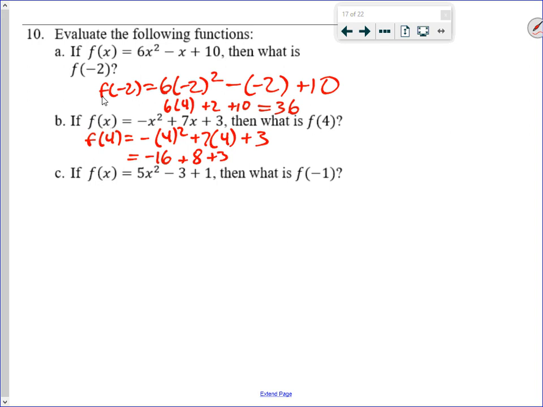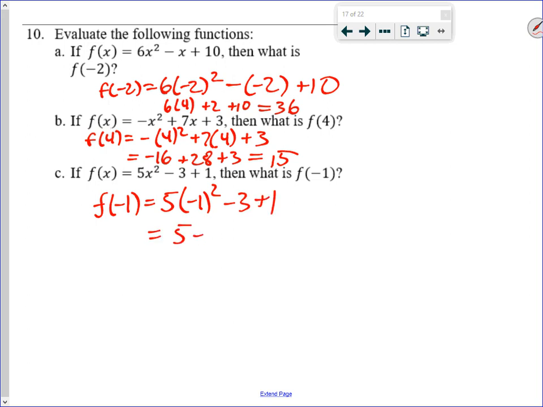That was a 7, sorry, plus 28 plus 3, and that gives me 15. For this last one, f of negative 1, that's 5 times negative 1 squared minus 3 plus 1, and so that's just 5 minus 3 plus 1, which is 3.